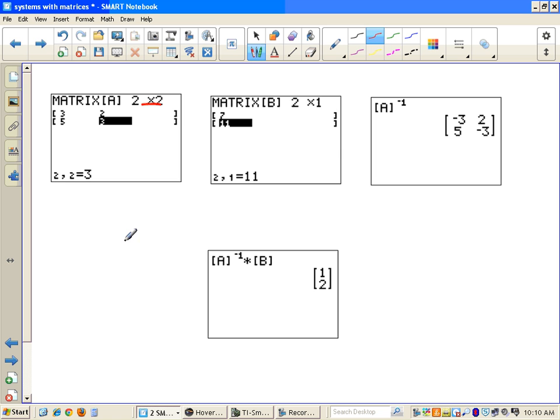Now, when you solve an equation, you do the inverse operation. Same thing that's going to happen when we solve the matrix equation. We're going to do the inverse operation.